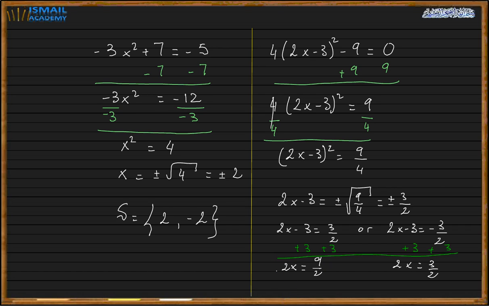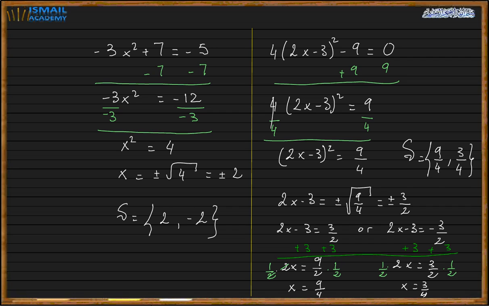Now we multiply both sides by one half. So those two cancel out, and we'll end up having x equal 9 fourths, or here x equal 3 fourths. So the solutions are 9 fourths or 3 fourths. Those are the solutions for that type.